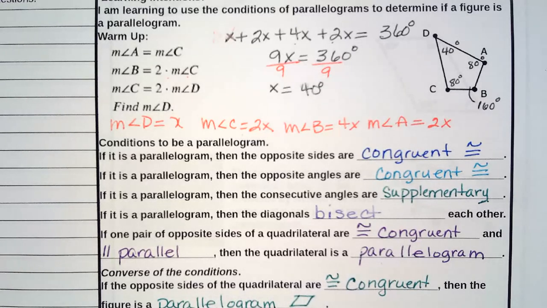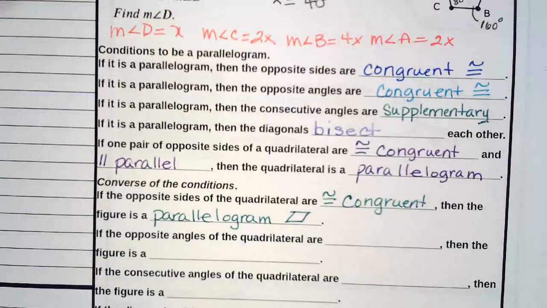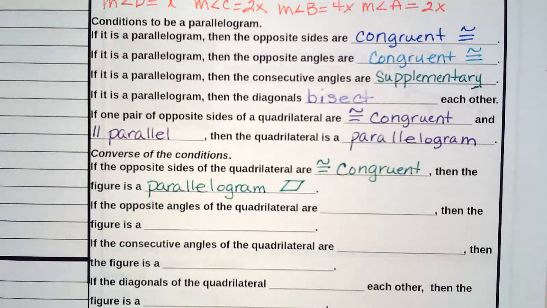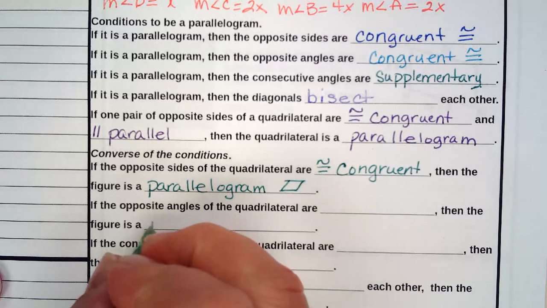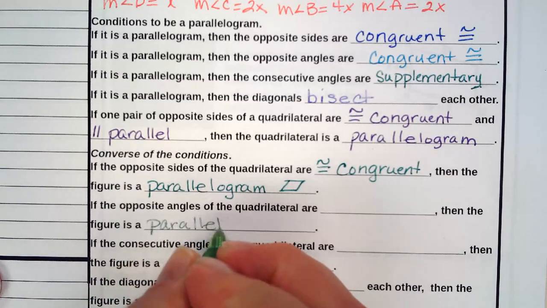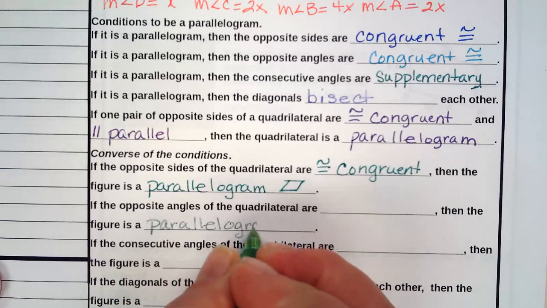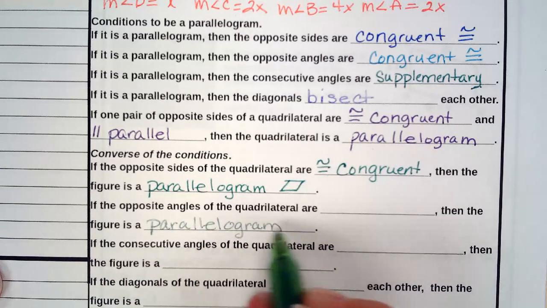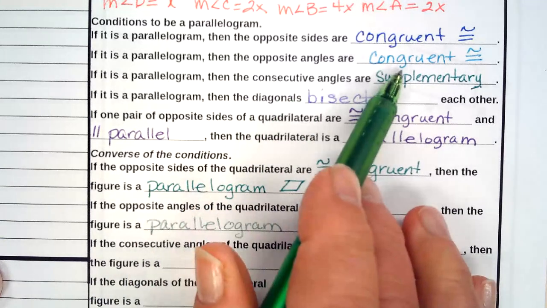If opposite angles of a quadrilateral are what? Then the figure is a parallelogram. Opposite angles have to be congruent.